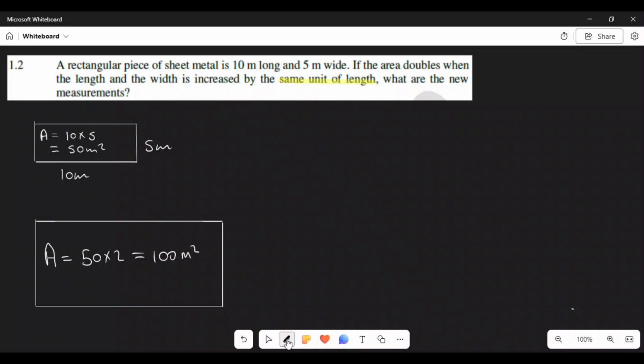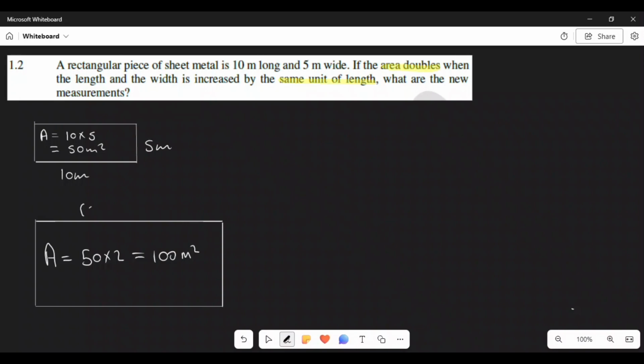Where is it? Let me highlight it very quickly. So the area doubles here. You guys see? But then they said again, if you continue here, that the length and the width are increased by the same unit of length. So we can say that the same unit of length is x. We don't know what it is, so we are looking for it.